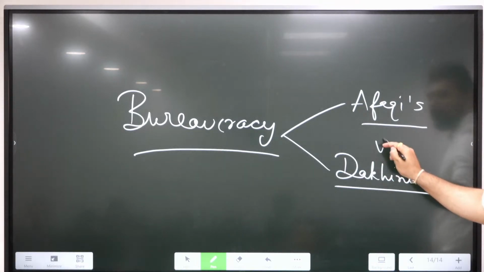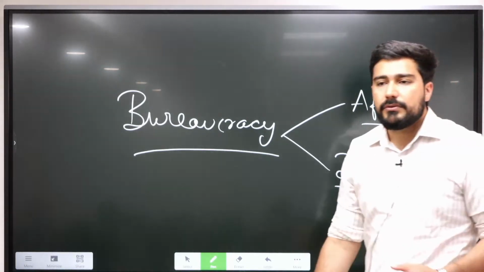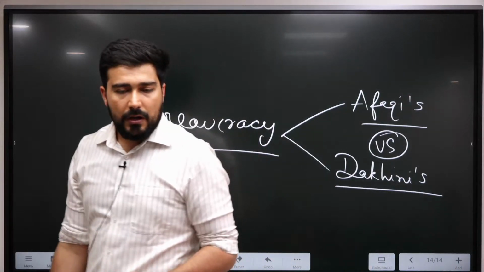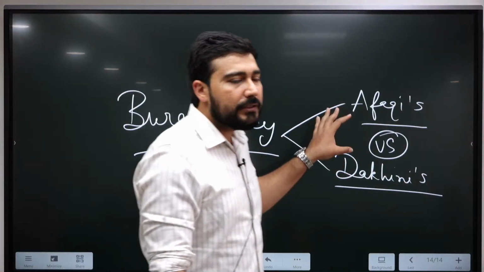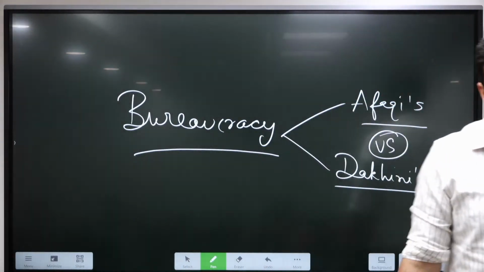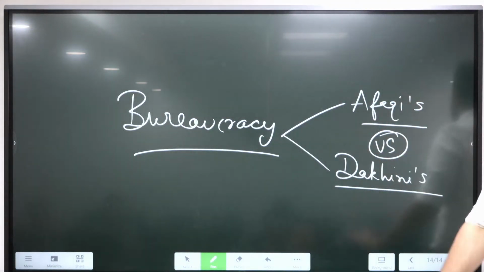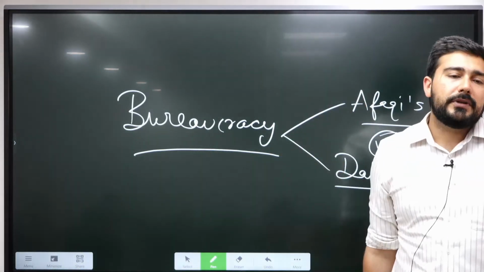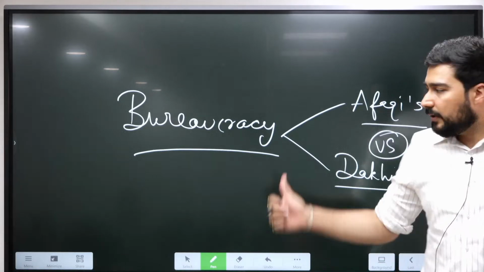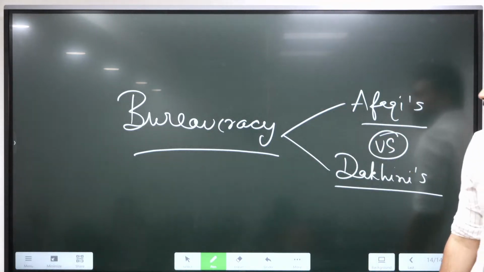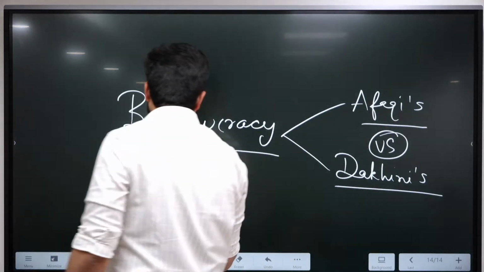So there was always a rivalry between these two for posts, for better kind of patronage. And this was the biggest problem of the Bahmani Empire. This was responsible for the conspiracy which led to the death of Mahmud Gawan. This fight was responsible for the eventual split of the Bahmani Empire.